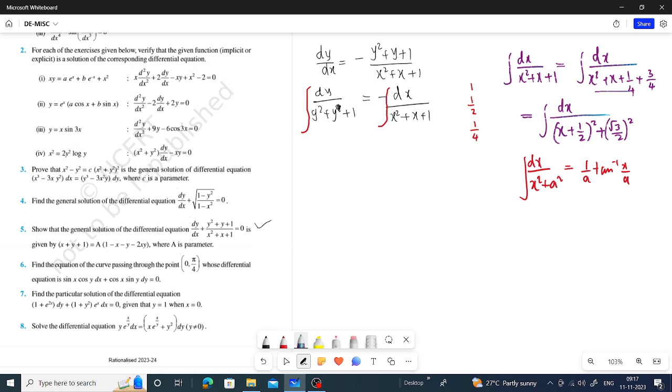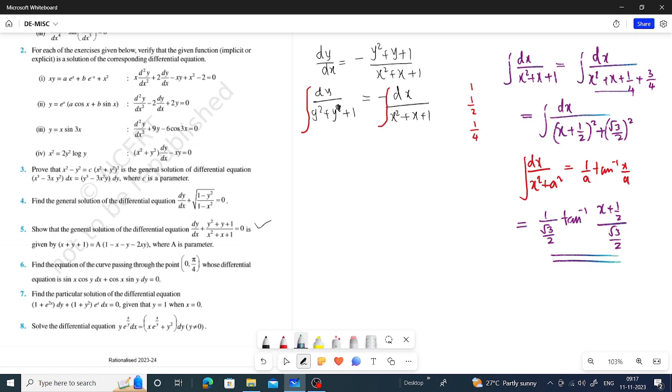So we are using this formula here. 1 by a means 1 by root 3 by 2, tan inverse of x, meaning x plus half, by a, where a is again root 3 by 2. So we got this as the solution of the right hand side.